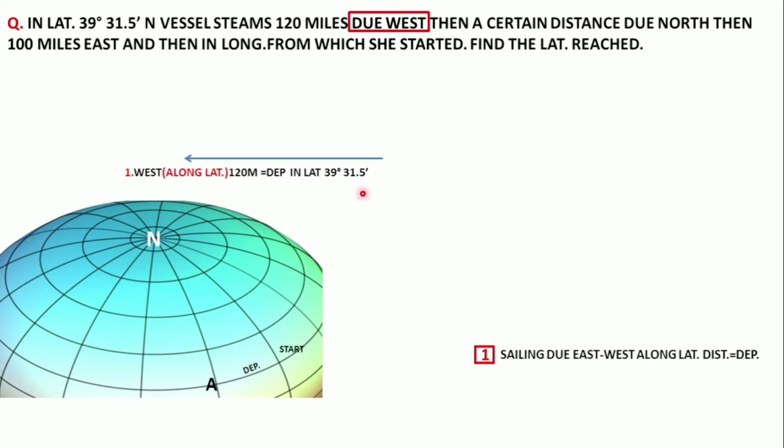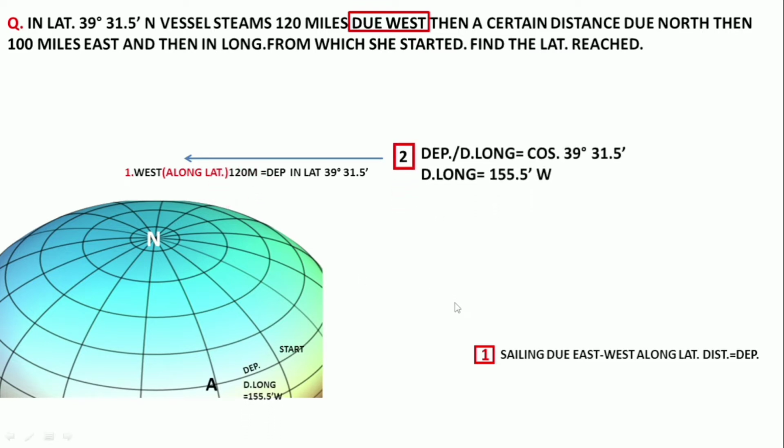So the departure made by the ship in the latitude is 120 miles. Knowing the departure, I can always find out the D long along with this formula that we have proved earlier.